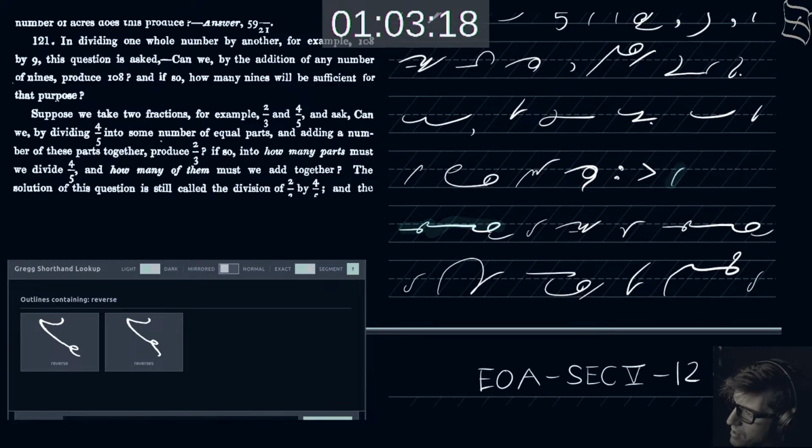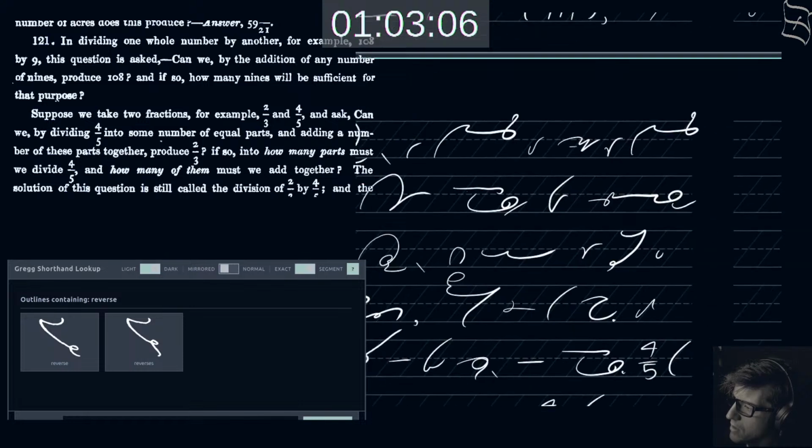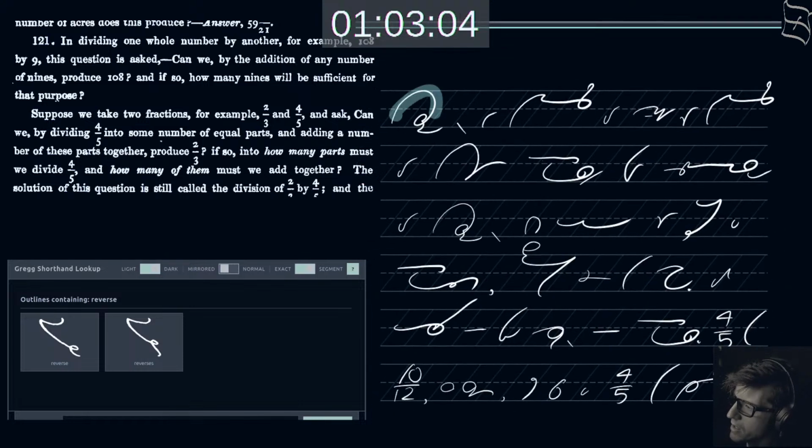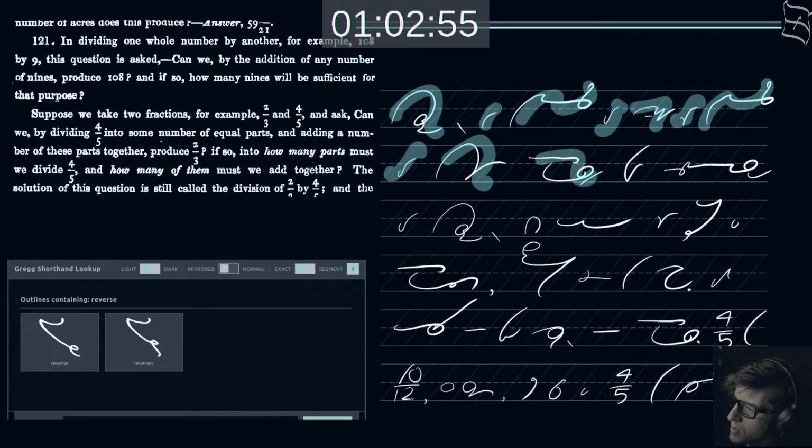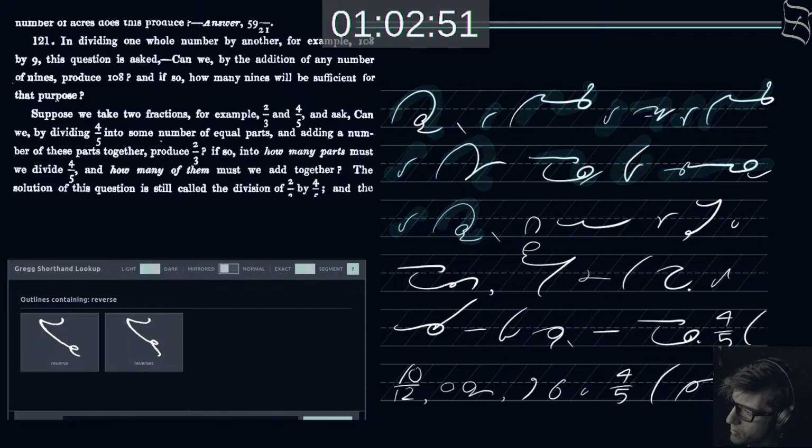The numerator of the quotient is the numerator of the dividend multiplied by the denominator of the divisor. The denominator of the quotient is the denominator of the dividend multiplied by the numerator of the divisor.